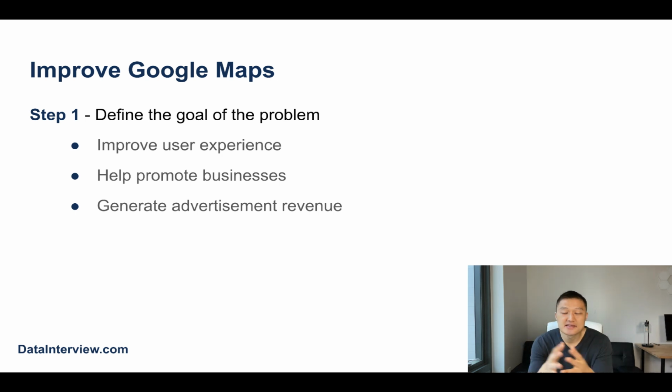And then the last thing is, maybe it might be in the form of helping Google Maps generate advertisement revenue, right? Because that's one of the main advertisement streams for Google Maps. And anytime you go on the app itself, and sometimes if you click a specific business, you might see an advertisement banner in the search result.